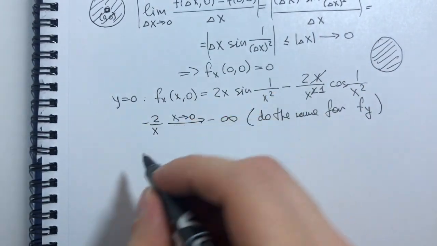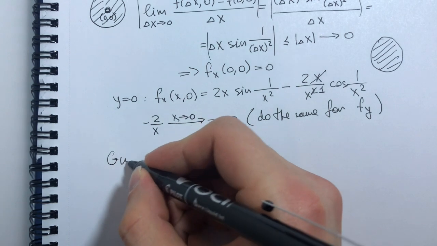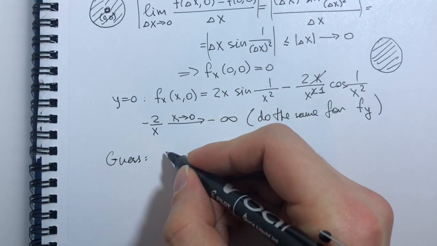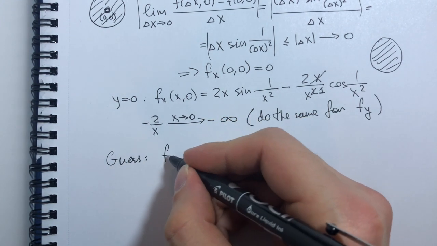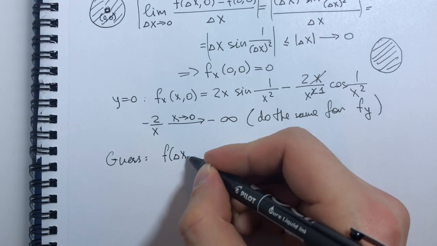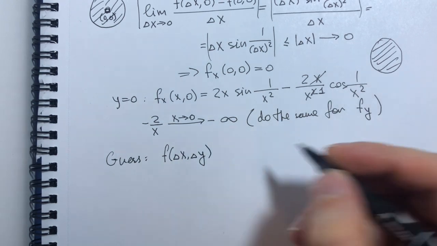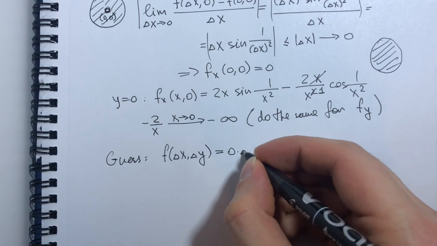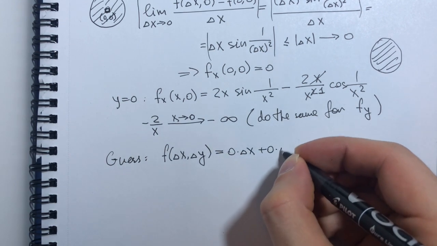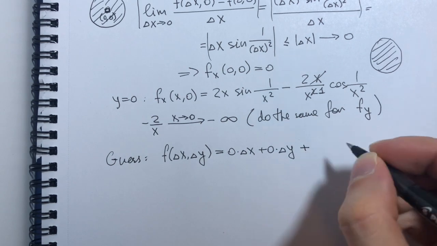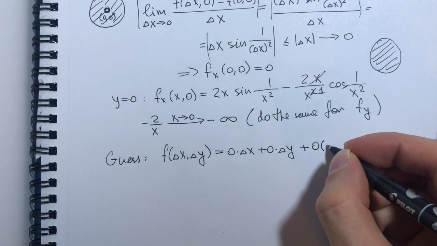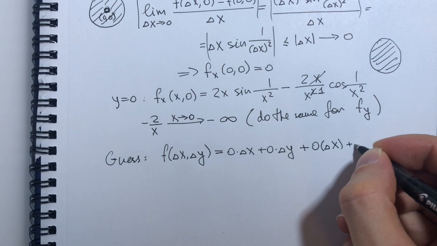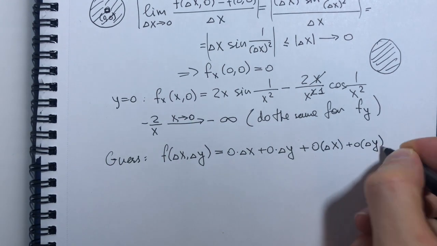So I have a guess that for points in the neighborhood of 0, 0, I can write 0 times delta x plus 0 times delta y plus some little o of both increments.